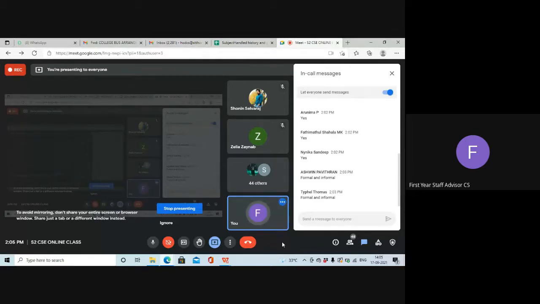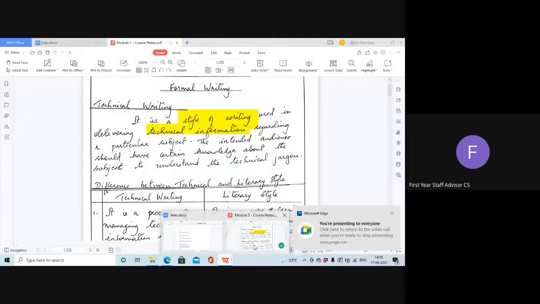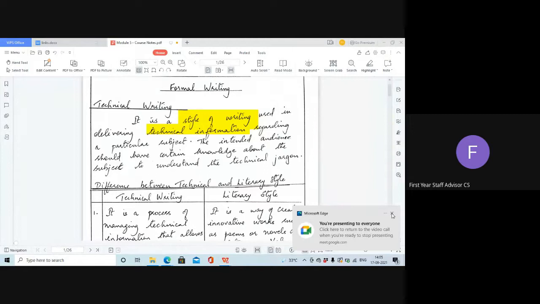It should mean the right thing to the reader. The reader should be able to understand what is meant in that writing. Otherwise, he will not be able to fix the error that is happening. So technical manuals that come with electronic devices are a typical example of technical writing. Is it clear?